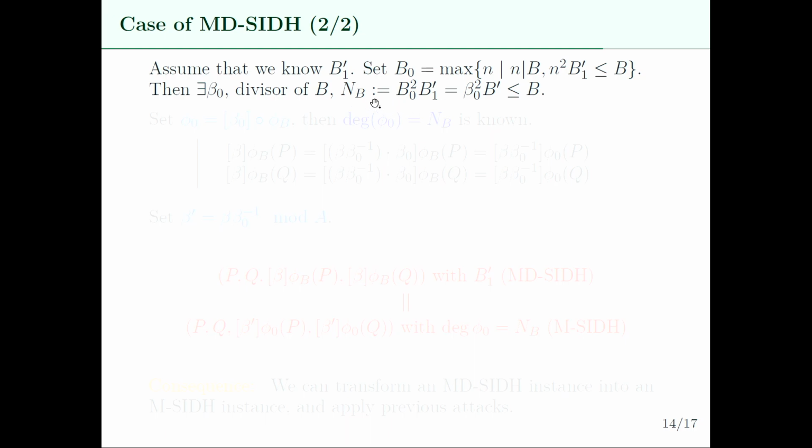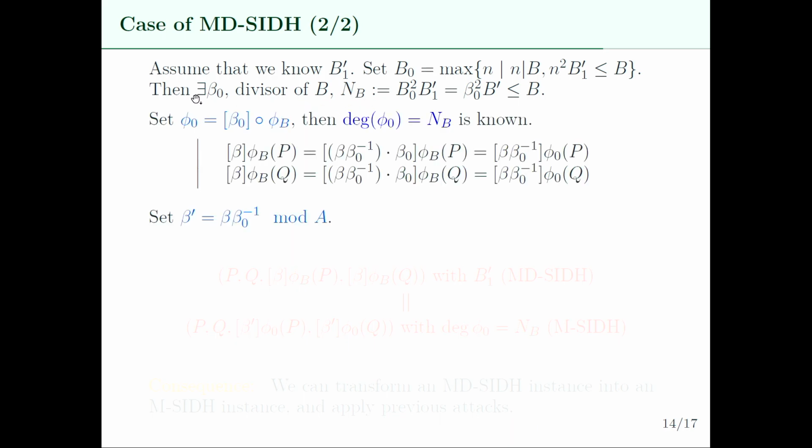And then we set this value as NB, and we don't know beta 0, but we know NB because we know b0 and b1 prime. And we set the isogeny phi 0 as the composition of beta 0 and phi_b. Then its degree is NB. So we know the degree of phi 0. And here, by direct computation, we know beta phi_b(P) is equal to beta 0 inverse phi 0(P).